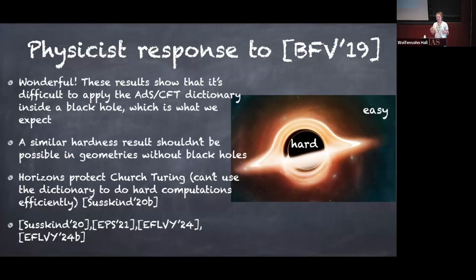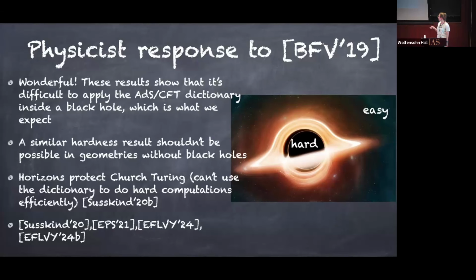So for those of you who aren't familiar, the extended quantum Church-Turing thesis essentially says that the only computations that should be possible to do efficiently in nature are those that can be done efficiently by a quantum Turing machine, or an efficient quantum circuit model. If you could use the dictionary to compute things outside of what you can do efficiently on a quantum computer, this would violate the extended Church-Turing thesis, which I think would be an uncomfortable situation for computer scientists, at least.